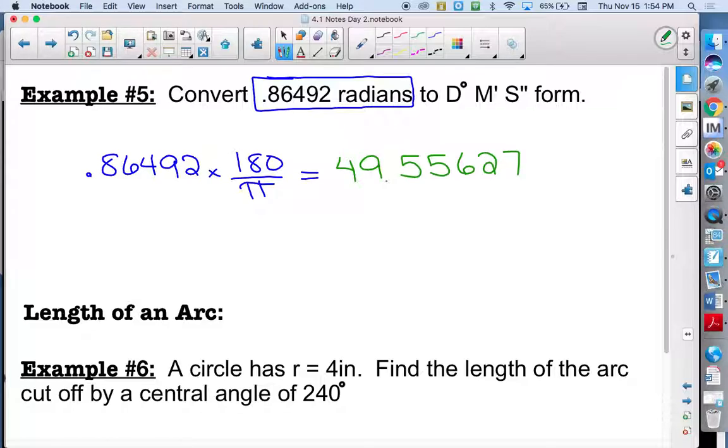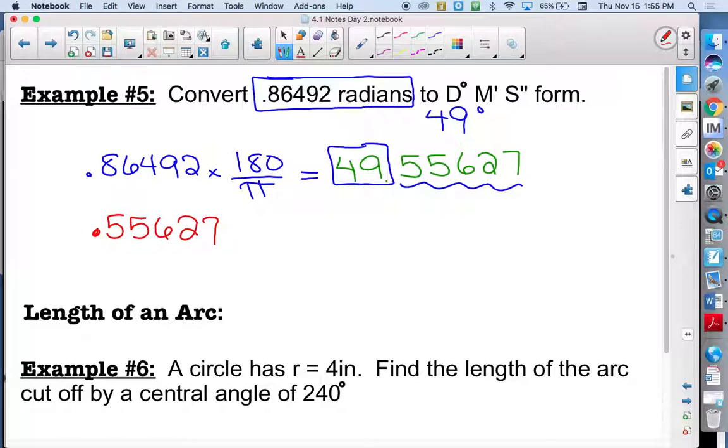So looking at this number, the first number, the 49, tells us how many degrees there are. So there are 49 degrees. The leftover part would be that extra piece that makes up the minutes and the seconds. So I'm going to take that leftover piece because this is the amount that we're going past 49 degrees.